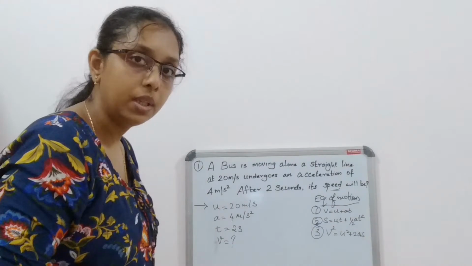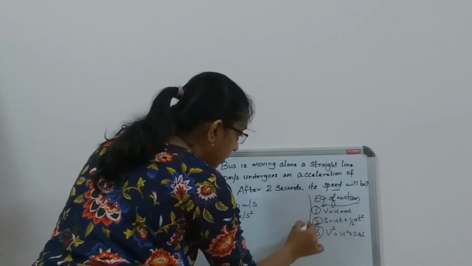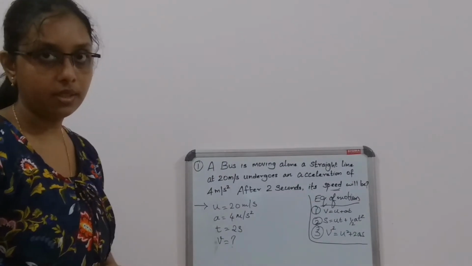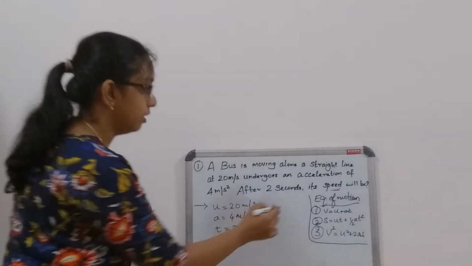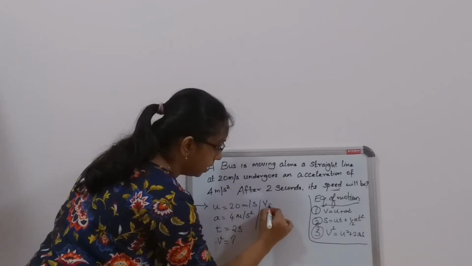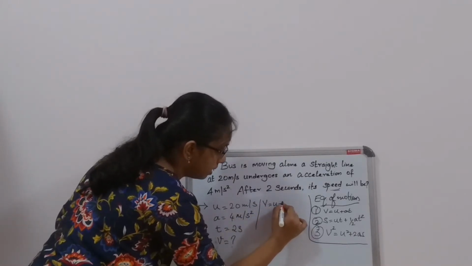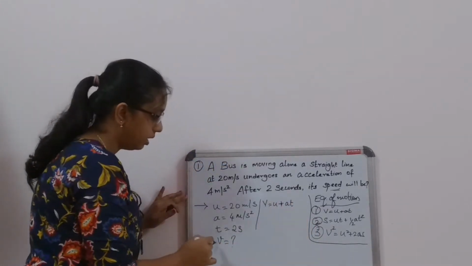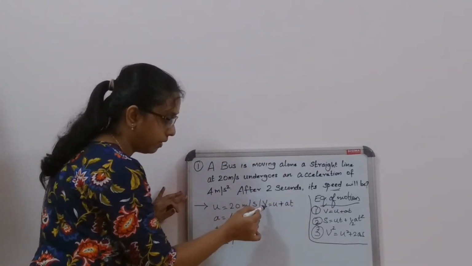Now can you tell me from these three equations which one will suit our question? Yes, the first one. What is the first equation? v is equal to u plus at. Here we have to find out the final velocity.